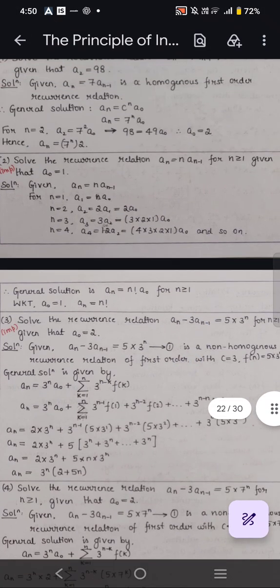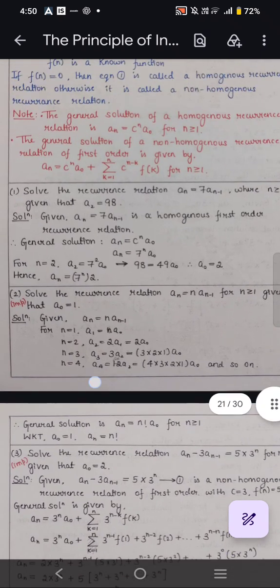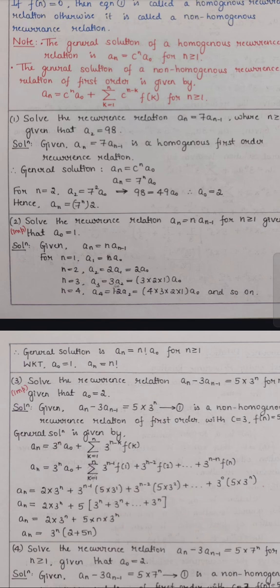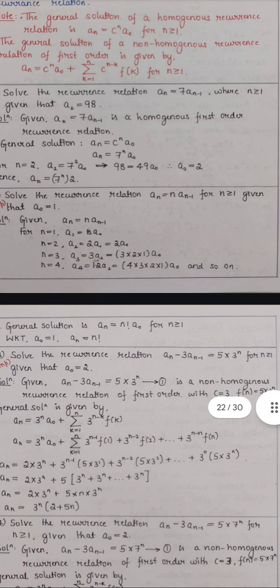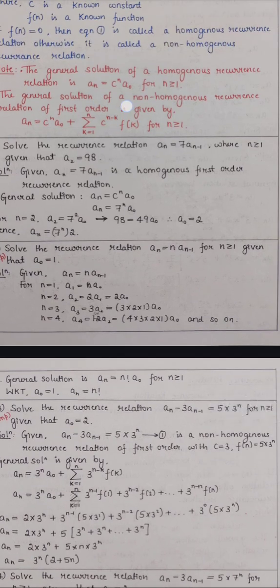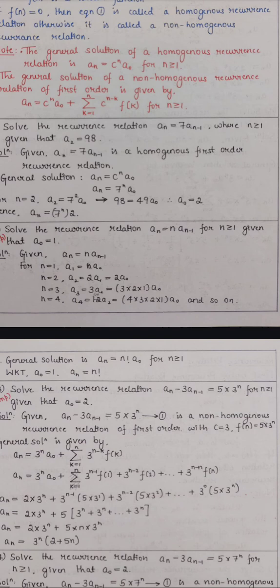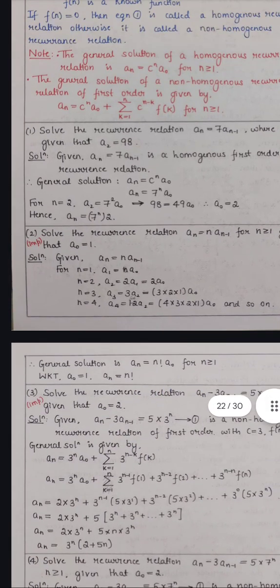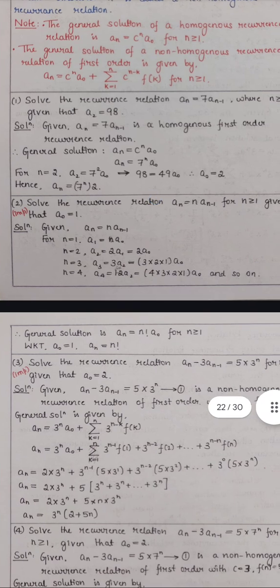This is what the formula says here: c^n a_0 plus summation k equals 1 to n c^(n-k) into f of k. Here we have f of k as 5 into 3^k and c as 3, that is 3^n into a_0 plus summation k equals 1 to n c^(n-k) f of k for n greater than or equals to 1.